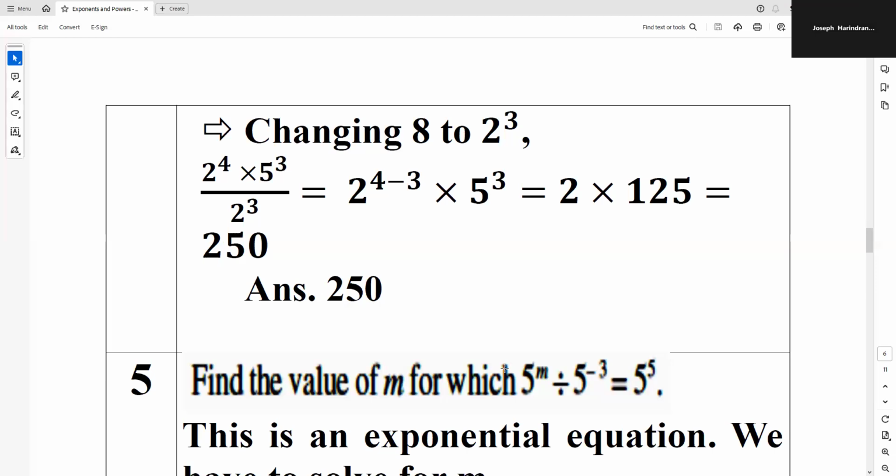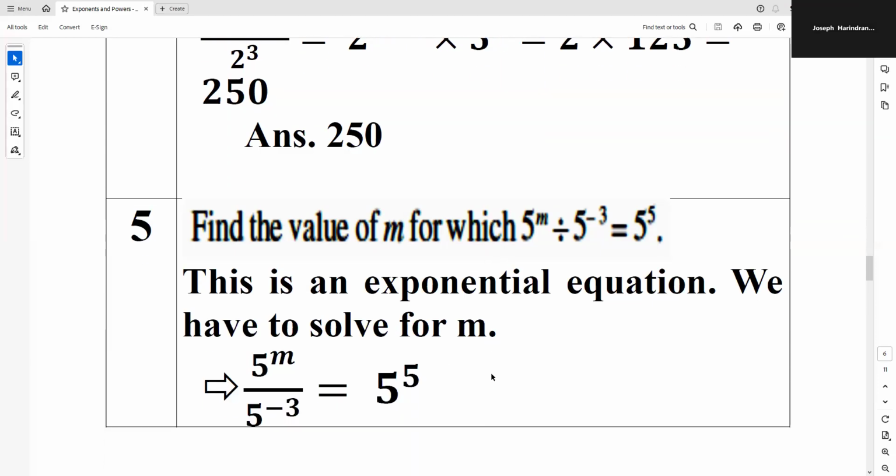We just write it as 2 into 5 cubed, which is 5 into 5 into 5, which is 125. 2 into 125 is equal to 250, and that's the answer to the fourth question.